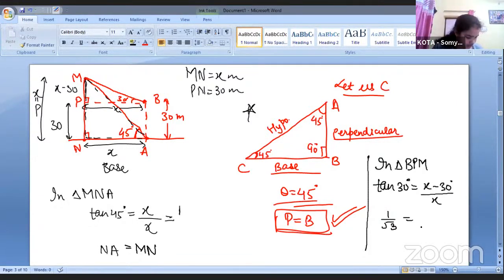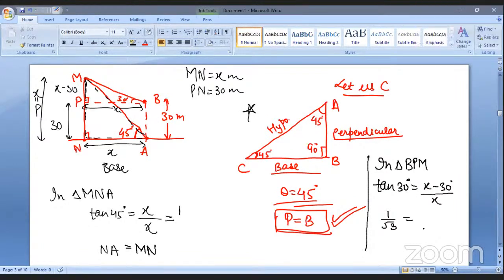X is equal to 30 root 3 by root 3 minus 1.